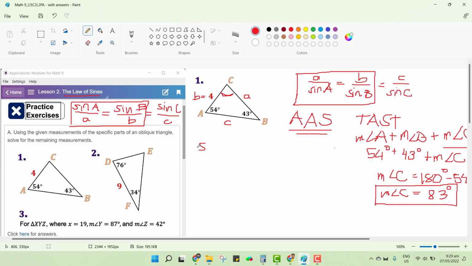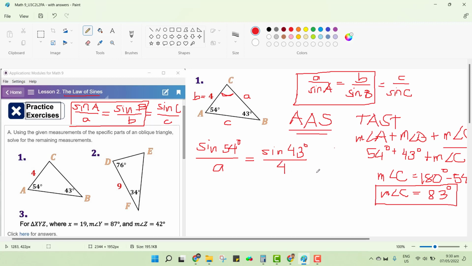So you will have given here sine A, and angle A measures 54 degrees, all over the measurement of A, which is unknown, which is equal to sine B. So you have here sine B, which is 43 degrees, all over the measurement of B, which is 4.